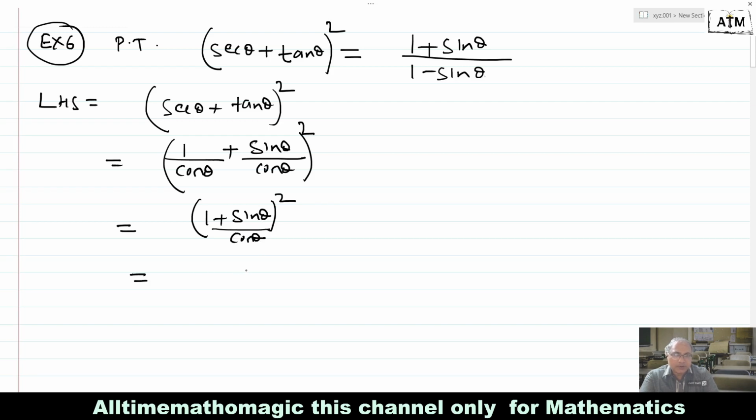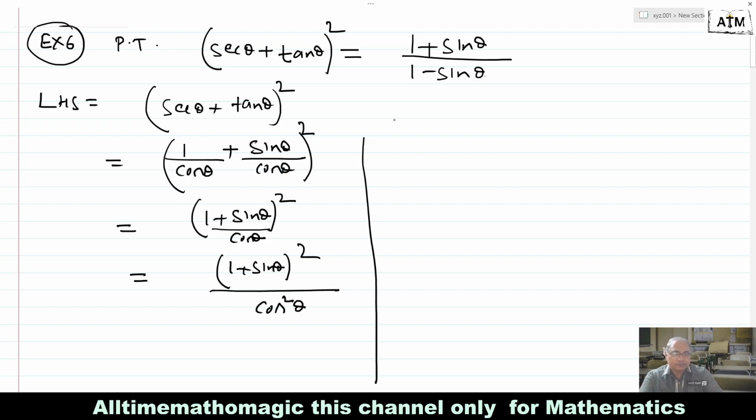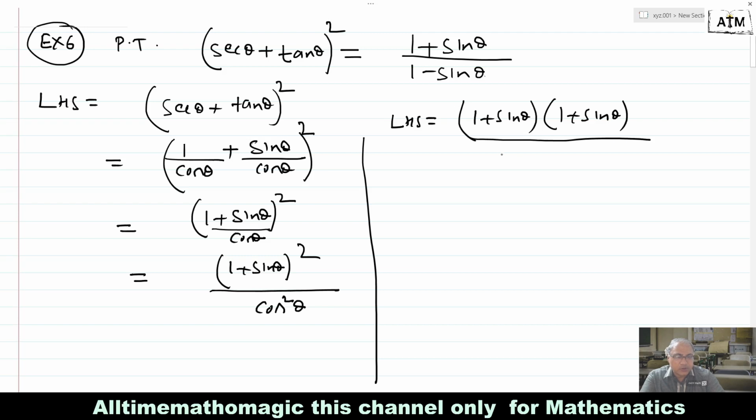This is nothing but (1 plus sin theta) whole square upon cos square theta. Now LHS can be written as (1 plus sin theta) into (1 plus sin theta), and cos square theta can be written as 1 minus sin square theta.